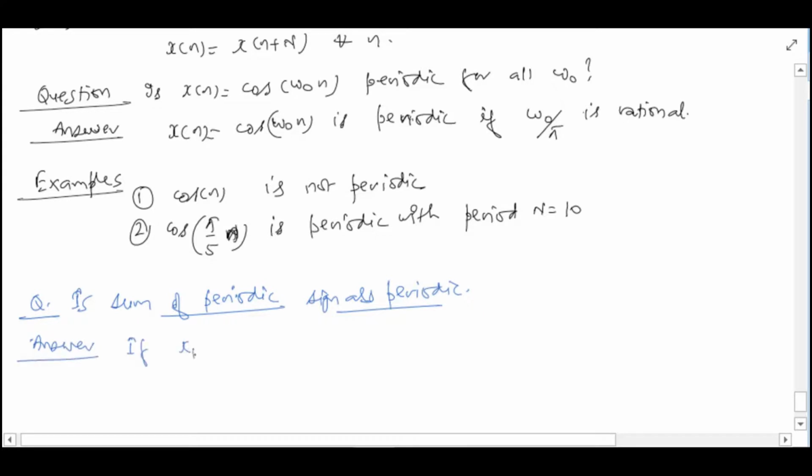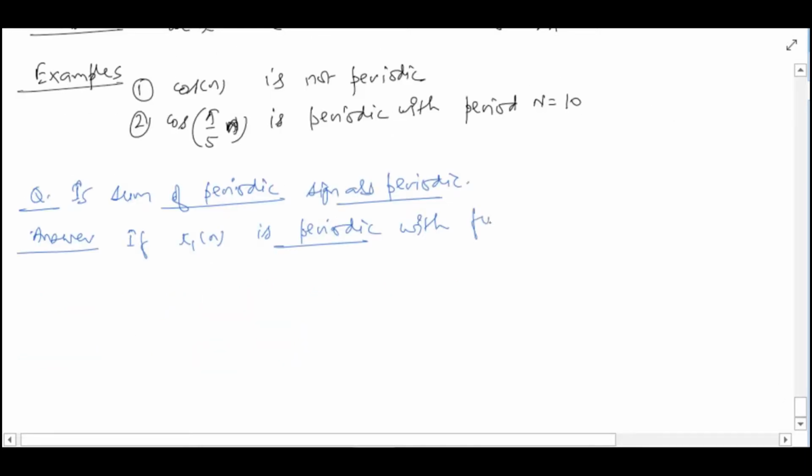If x1[n] is periodic with fundamental period N1 and x2[n] is periodic with fundamental period N2, then x1 plus x2 is periodic if and only if N1 by N2 is rational.